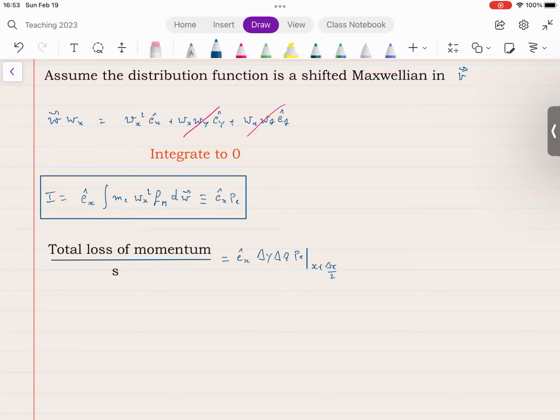And this makes sense because I'm finding that the loss of momentum over time, which needs to be a force, is given by a pressure times an area, and therefore the dimensions are correct.